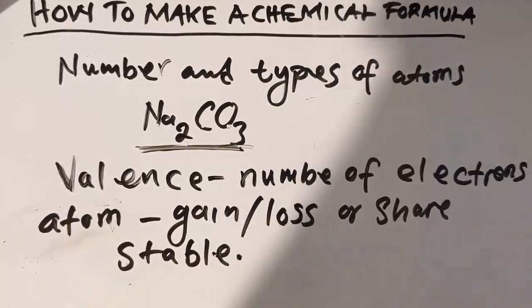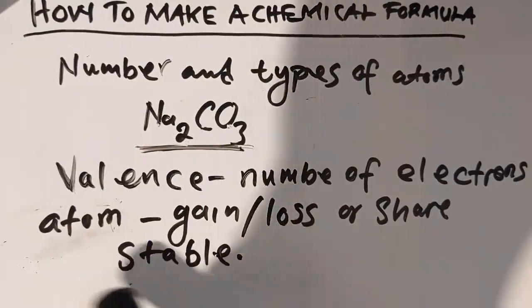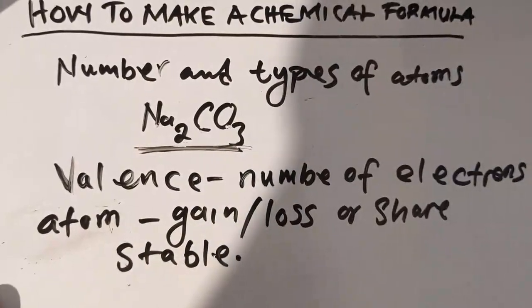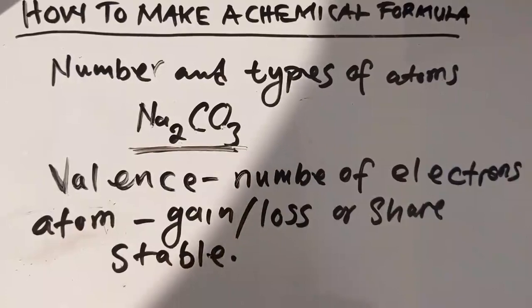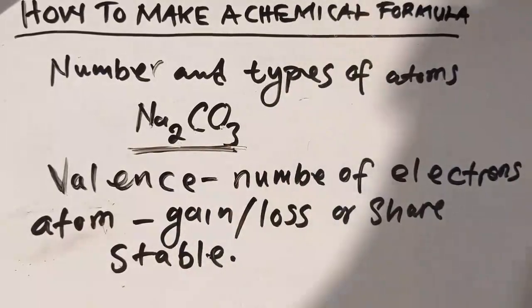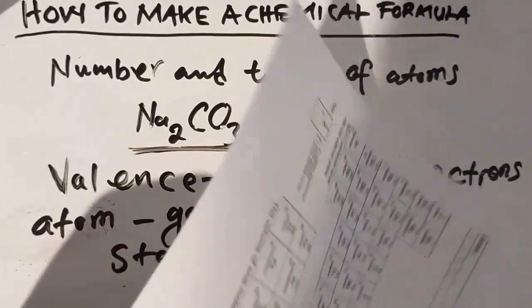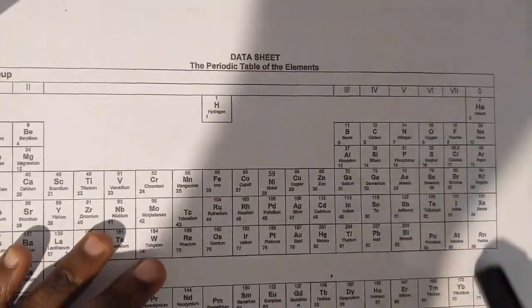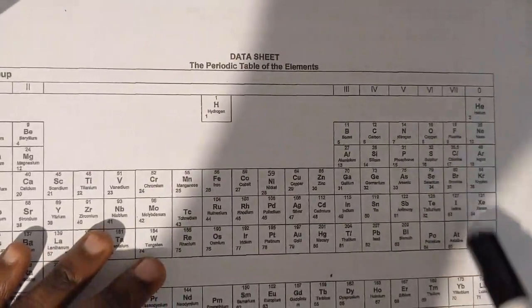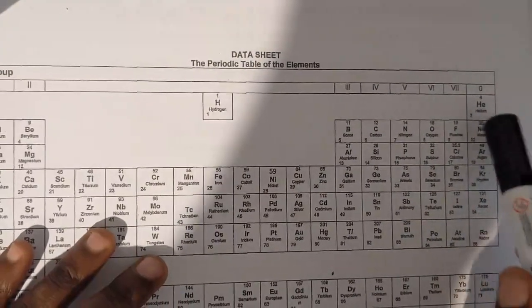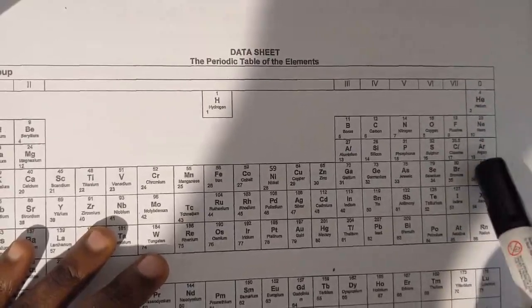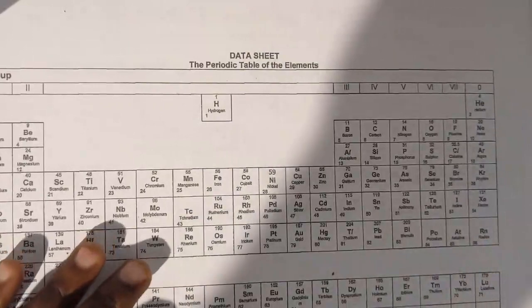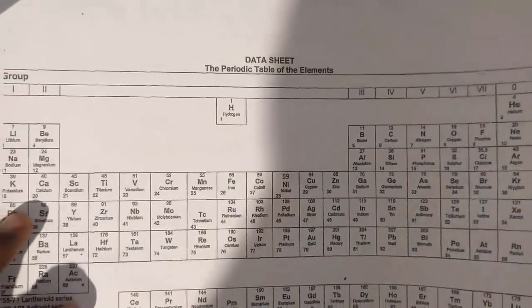What do I mean for it to be stable? It means that when the atom is stable, it will no longer react with any other atoms. For example, this is a periodic table. These ones which are at the end are actually stable, but there are atoms that are not stable.